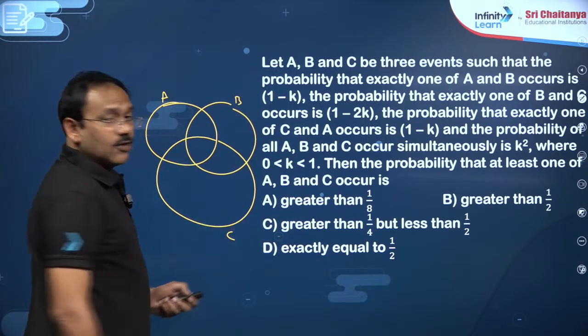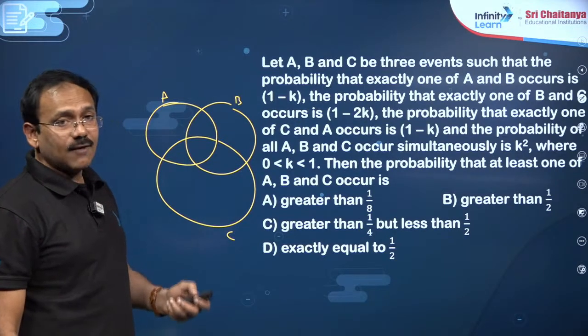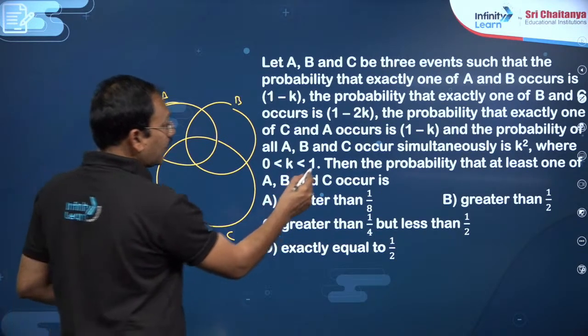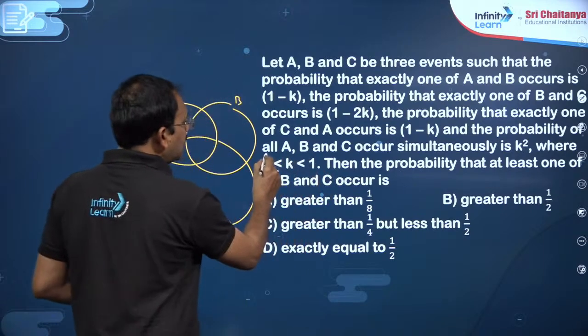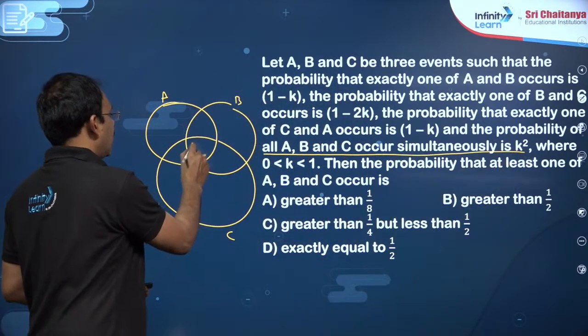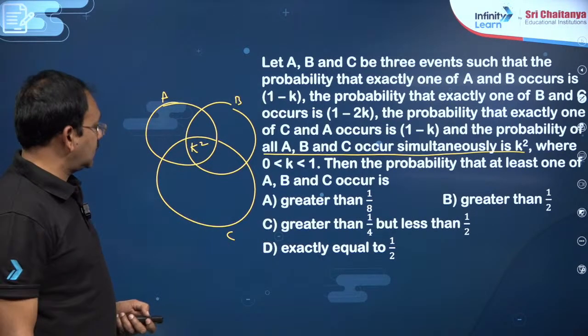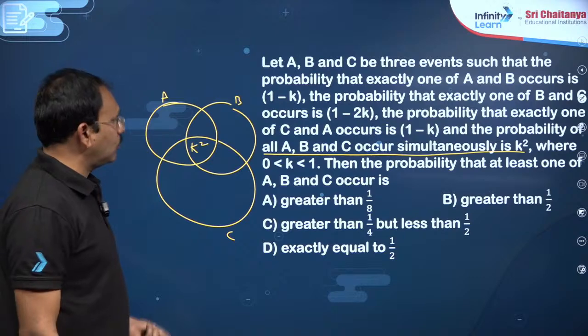So what is given? Whenever you take a Venn diagram, try to take the data from the innermost. The probability of A, B, C occurring simultaneously is k square, where k is between 0 and 1, of course.